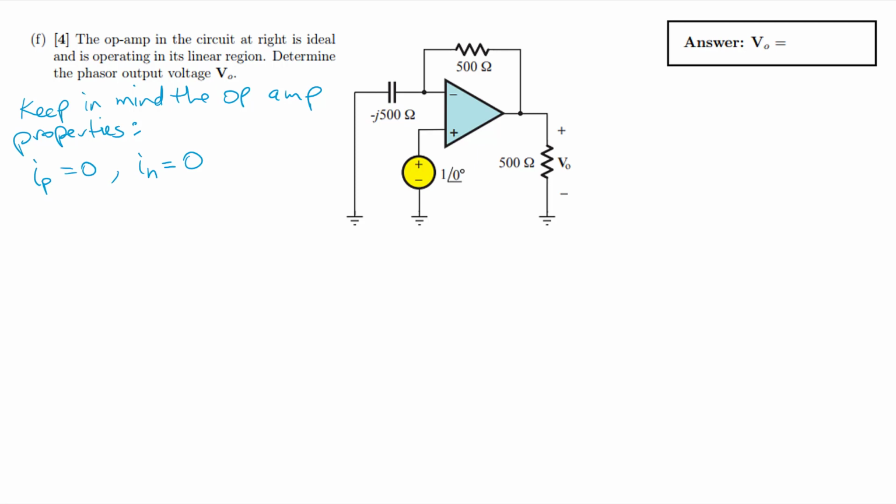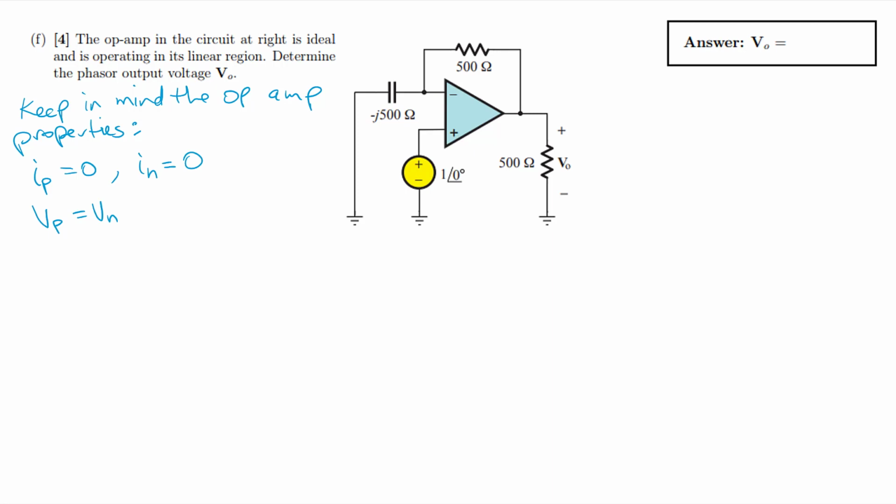And then we know that with negative feedback, that Vp is equal to Vn. So that means a virtual short if we have negative feedback, which in this case we have negative feedback. So for this question, the op-amp is working in its negative feedback configuration and Vp is equal to Vn.